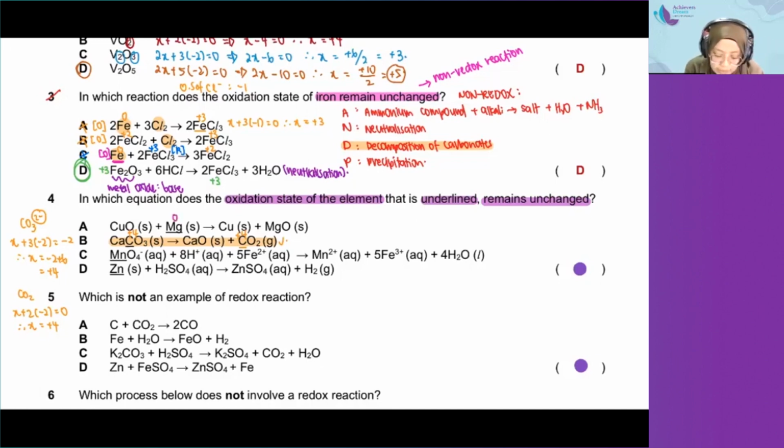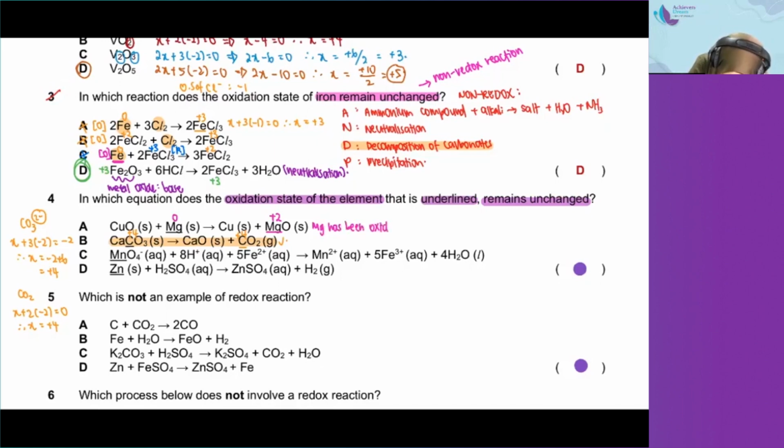What is the magnesium-containing product? Magnesium oxide. The oxidation state of magnesium in magnesium oxide is +2, because the magnesium ion is Mg2+. So the oxidation state of magnesium has increased, which means that magnesium has been oxidized.